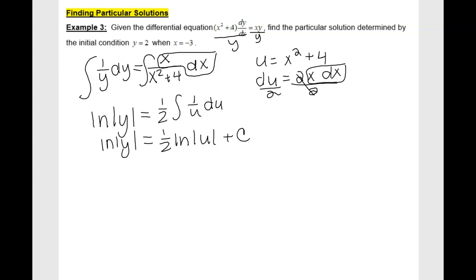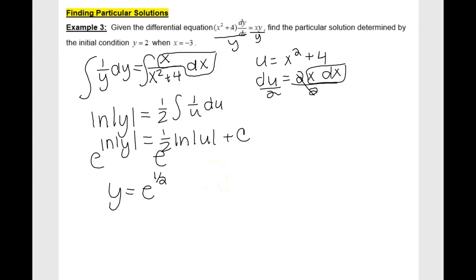How do you get rid of an ln? Exponentiate both sides. Remember that the rule is really like this is e to the 1/2 times e to the ln of u.